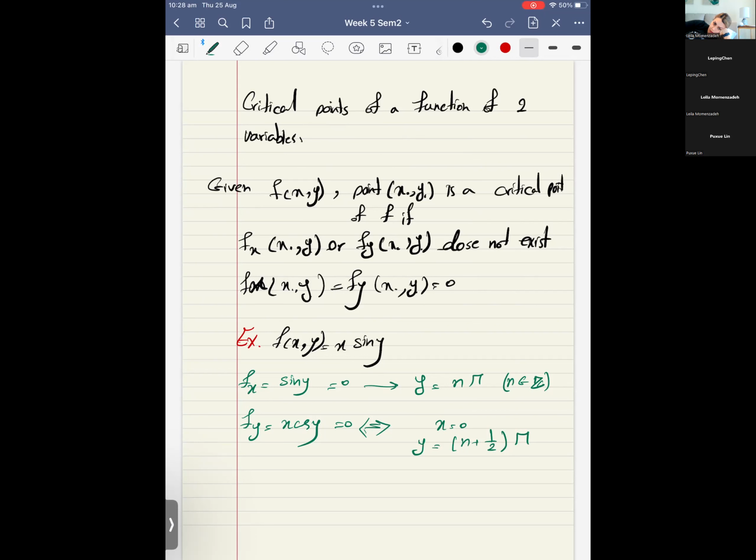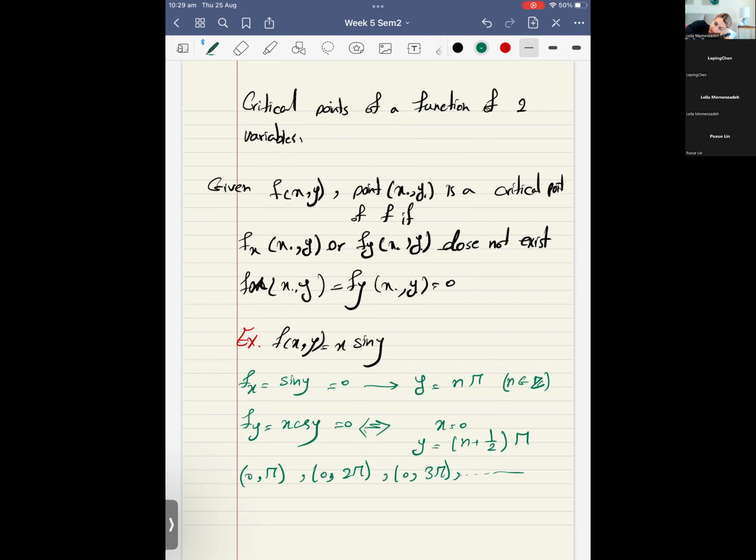The cosine would be 0, and you can see these two cases are the critical points. It means that when x is 0, for example, (0, pi), (0, 2 pi), (0, 3 pi), and so on, you have a critical point.